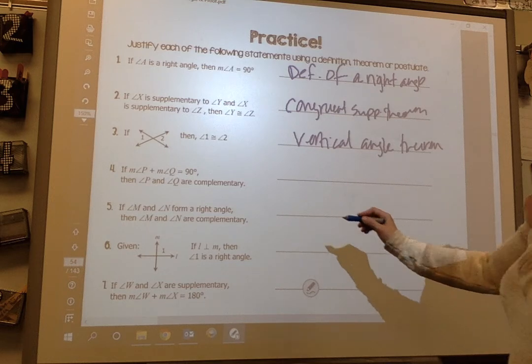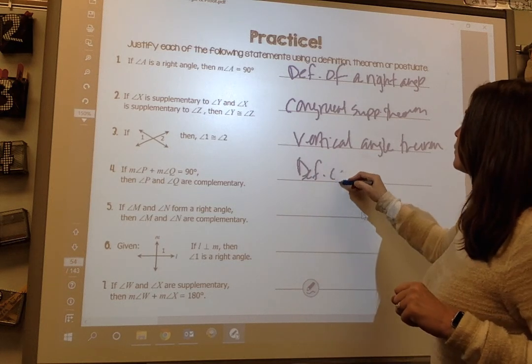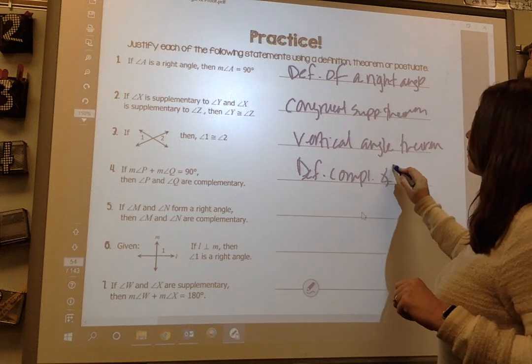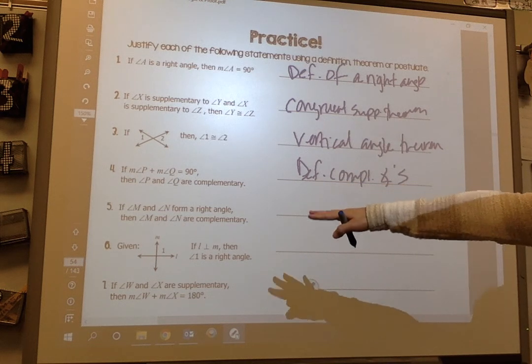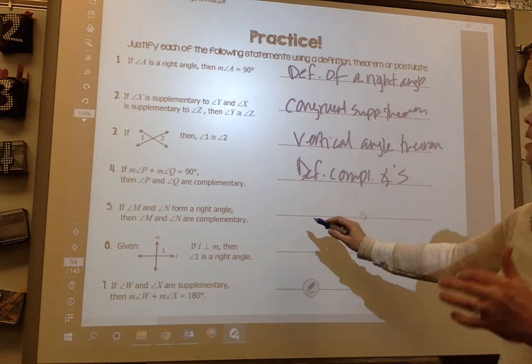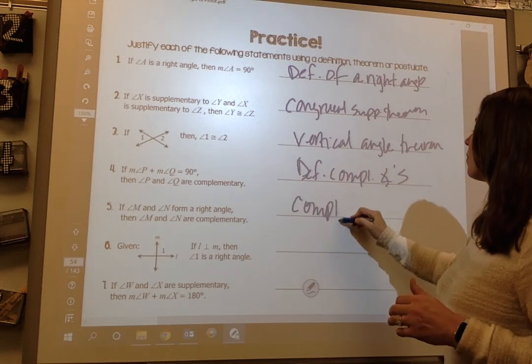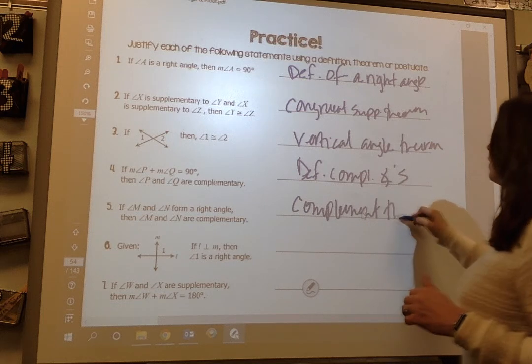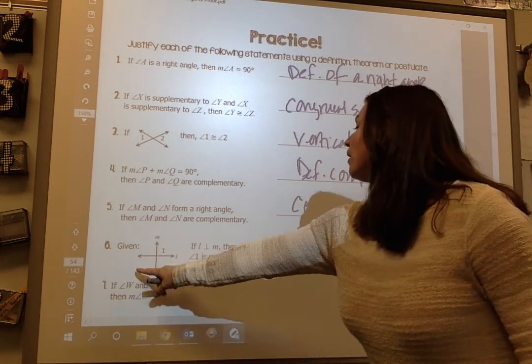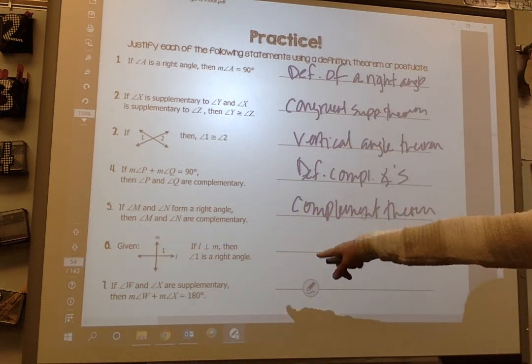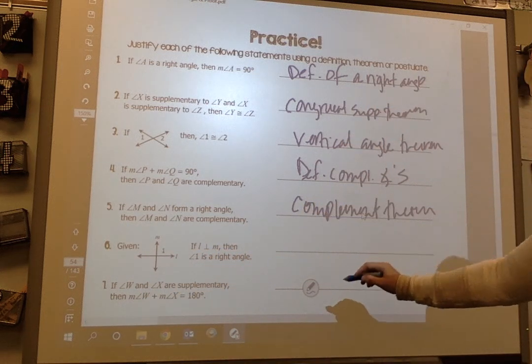That is your definition of complementary angles. Number 5: if they form a right angle, then they are complementary. So number 5 is the complement theorem. Number 6: if L is perpendicular to M, then angle 1 is a right angle. So number 6 is definition of perpendicular.